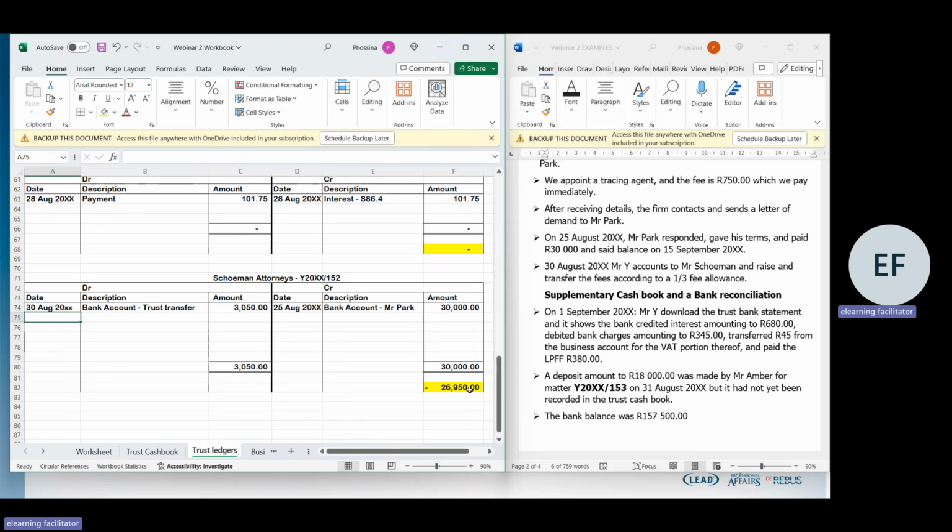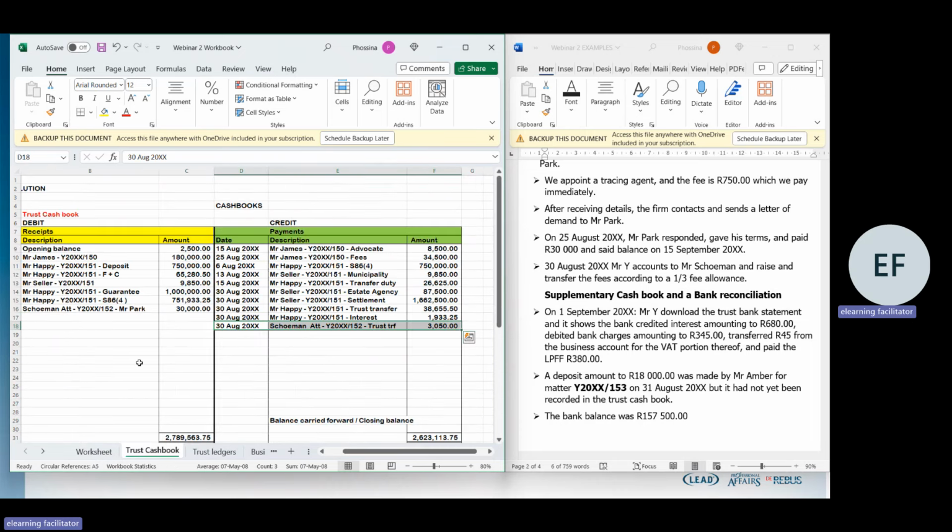So it means at the end of the day, to Skuman attorneys, we're going to pay 26,950. So we come here, 30 August. And then to Skuman attorneys, so this is payment, ne? Settlement, including their 1/3 fee, is going to be 30,000 minus 3050, like that, 26,950.